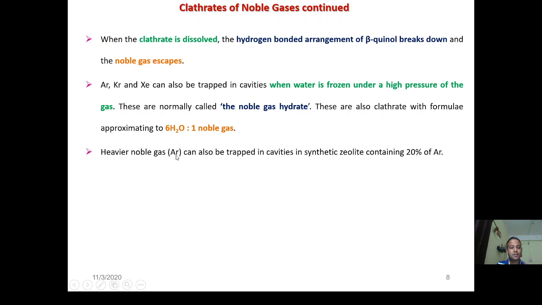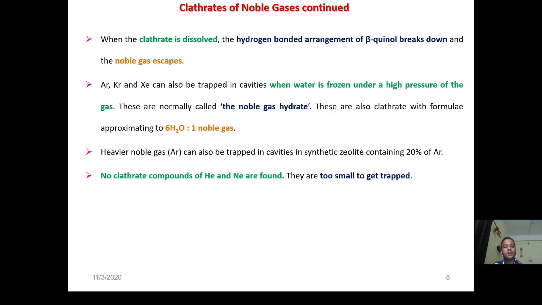Heavier noble gases, such as argon, can also be trapped in the cavities of synthetic zeolite. No clathrate compounds of helium and neon are found. Why? Because helium and neon are too small to get trapped within the hole produced by the beta quinol lattice and so on.